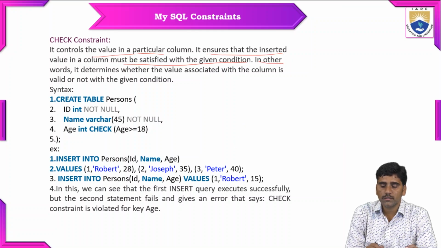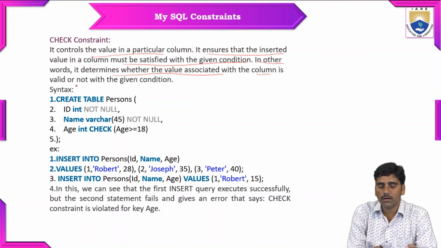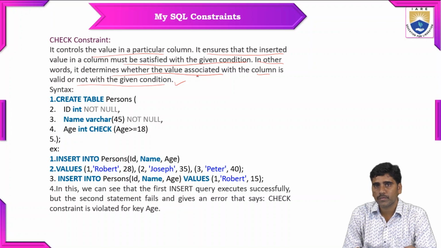In other words, it determines whether the value associated with the column is valid or not with the given condition. So the column must be specified with the condition. If the column value doesn't meet that condition, then it is not going to insert the value.